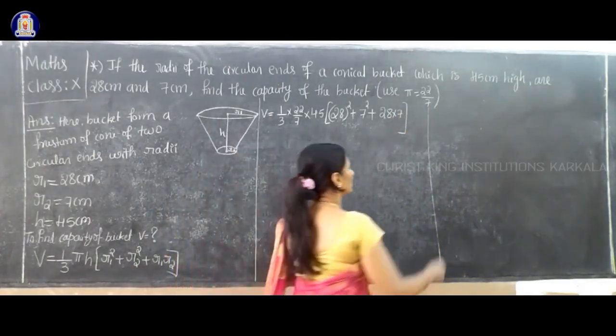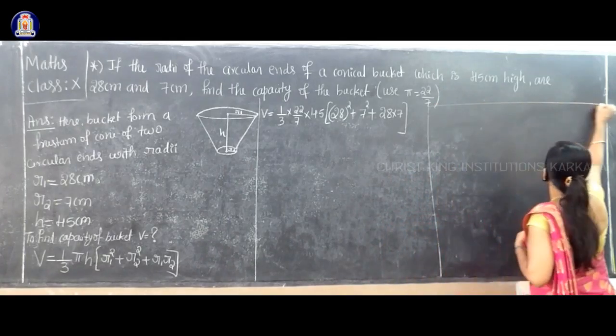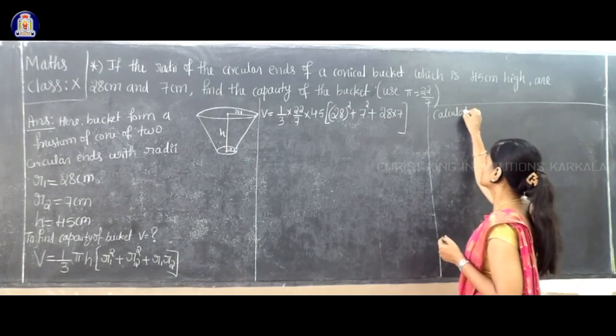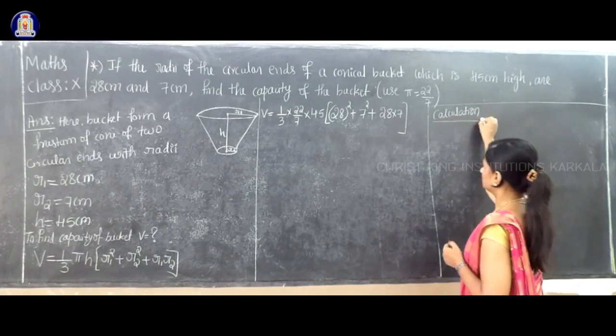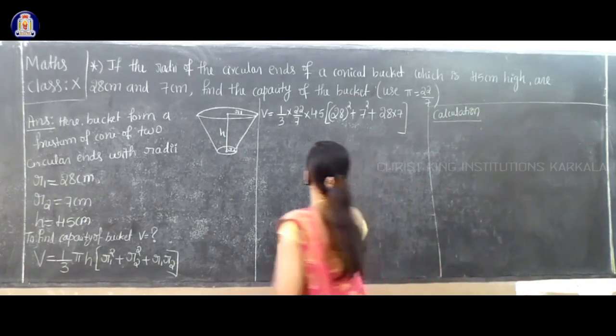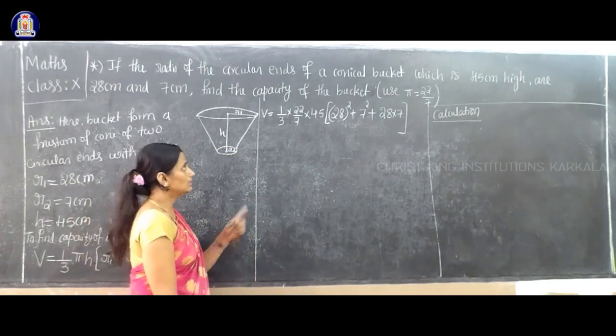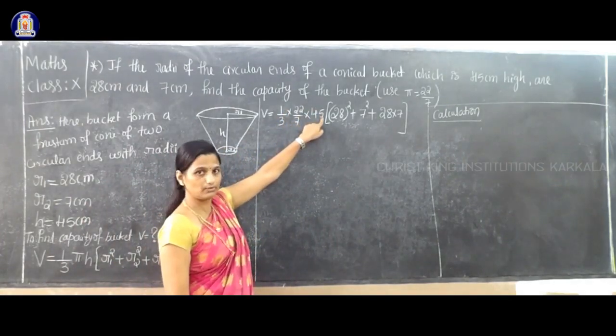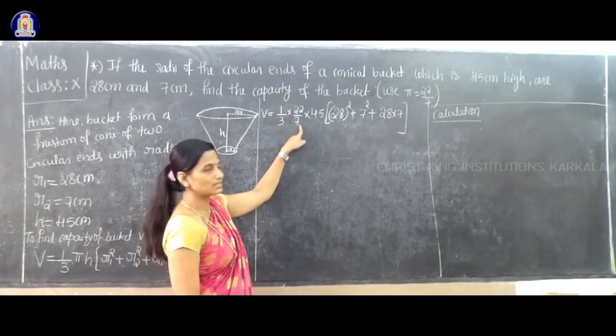Now simplification, the calculation part. Here 1 into 22 into 45, divided by 3 and 7.